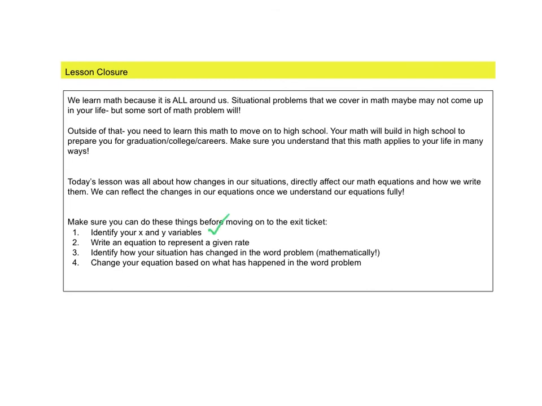Make sure you can write an equation by finding your m, your rate. Make sure you can understand how the way a situation changes will affect your equation, right? In this case, every time we were just adding to our x. And then make sure that you can change your equation using what happened in your situation. What changed in your situation needs to change your equation, all right?